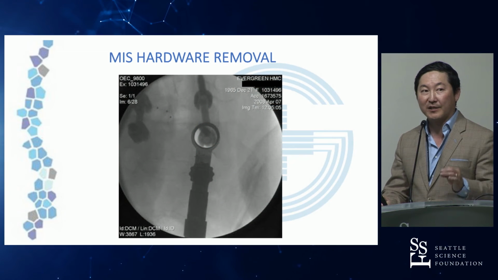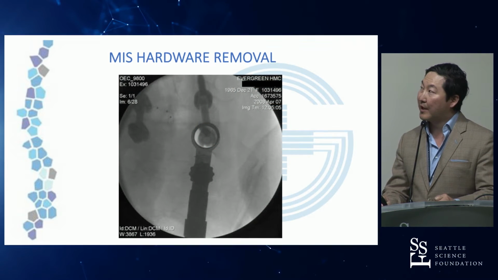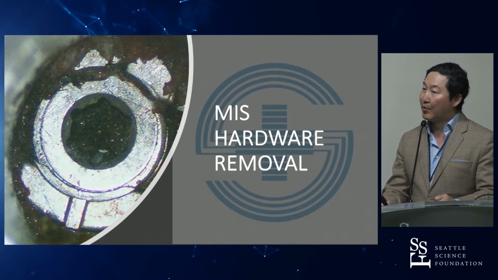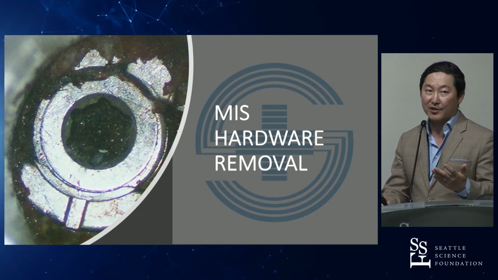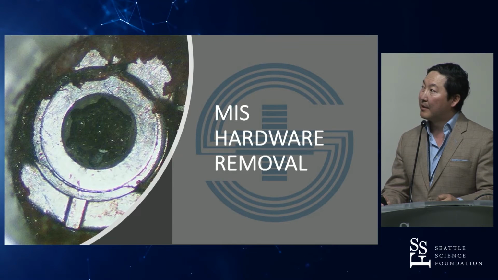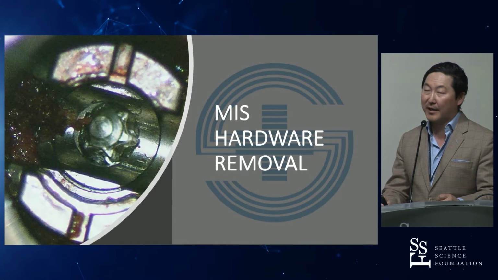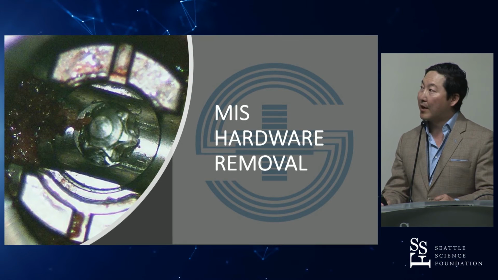And once you do that, you can actually get right over each one of these screw heads. And then once you utilize high-powered microscope and magnification, it's just like doing any other hardware removal. Take out the set screw, you take out the pedicle screw, and then you take out the rod.